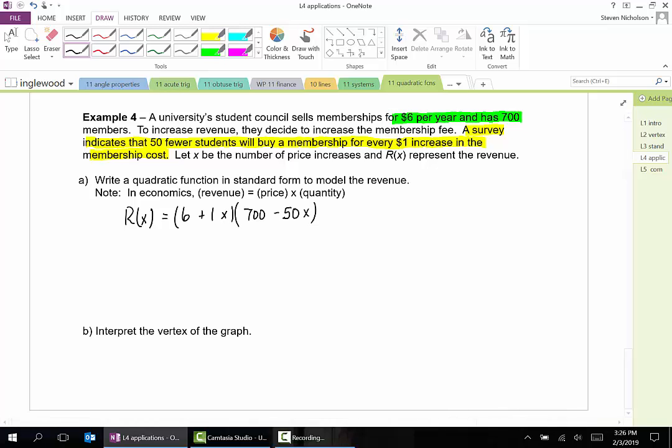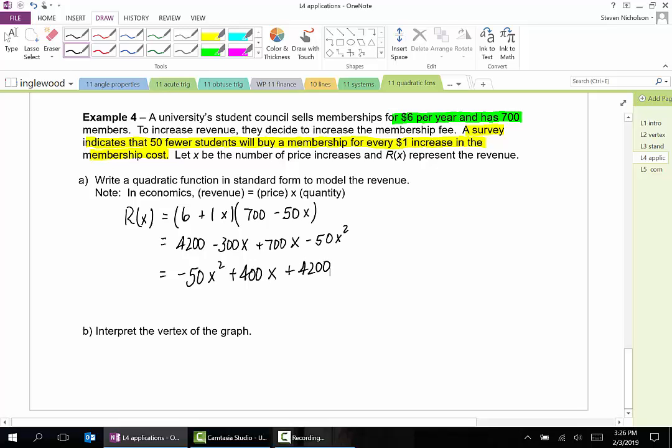So in this story right here, what we can do is FOIL this out. And when we do that, we get a quadratic, and I'm going to put it in descending powers. And this is another way of writing our revenue function.